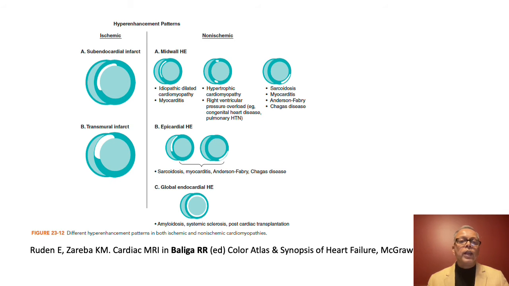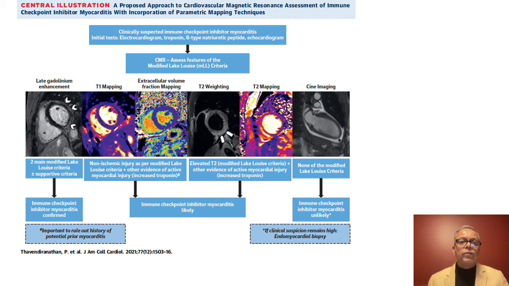You can have epicardial hyperenhancement in myocarditis, but in the lowest panel in C, the global endocardial hyperenhancement is seen in amyloidosis. So remember the patterns: mid-wall, epicardial, and global endocardial hyperenhancement.